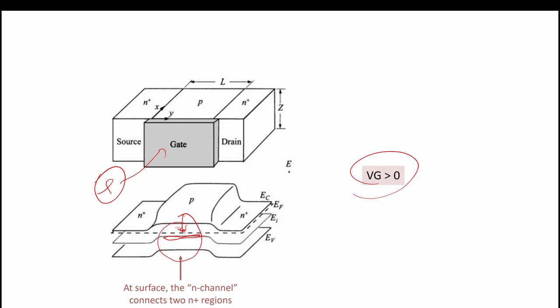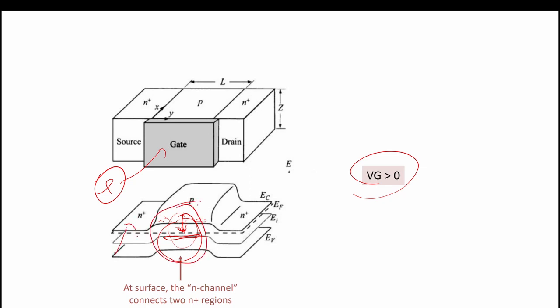Because of the charge carriers at the interface, this Fermi level is in the upper half. So this becomes the charge carriers. There is then inversion of the channel. From p type it has been converted to n type in this region.